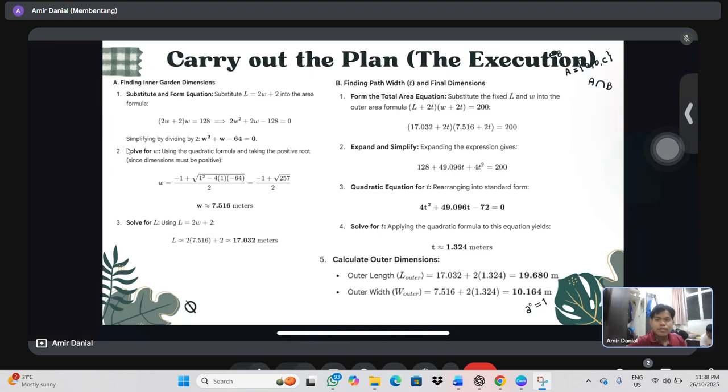And step 2 is solve for W using the quadratic formula and taking the positive root, since dimension must be positive. So we just insert the information in the quadratic formula.